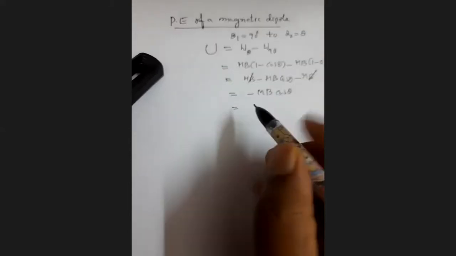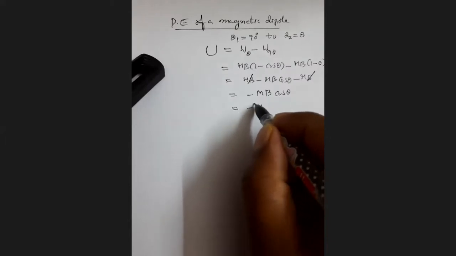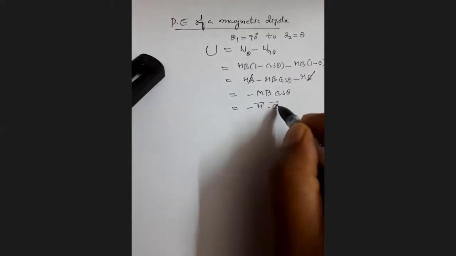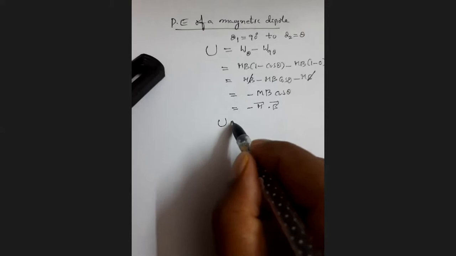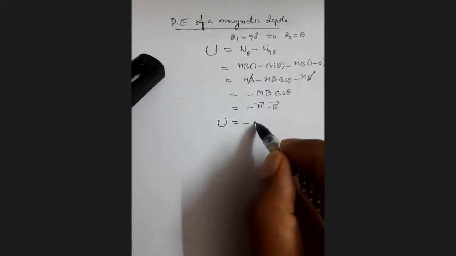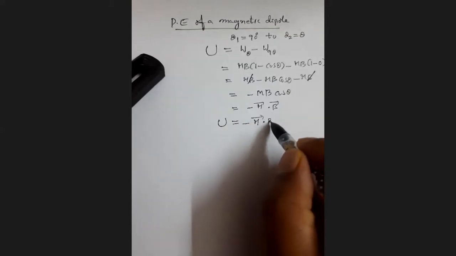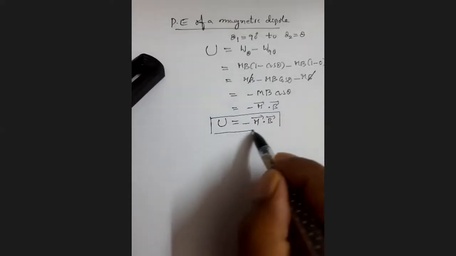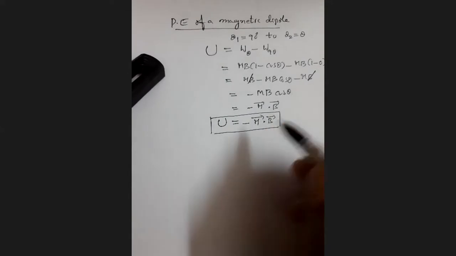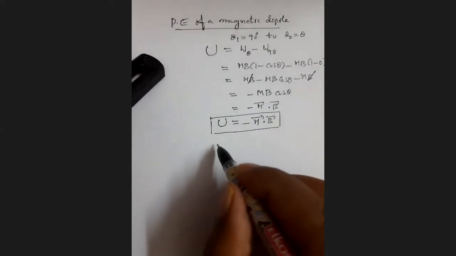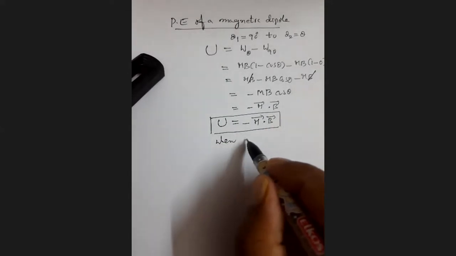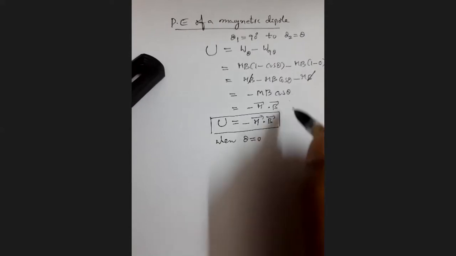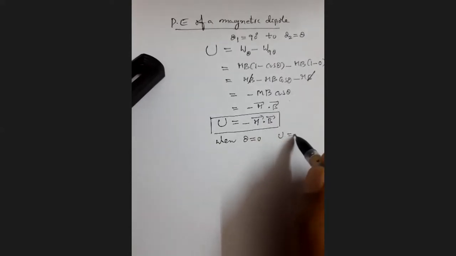You can write it vectorially as minus m bar dot B bar. So the potential energy of a magnetic dipole is the negative of the dot product of the magnetic moment vector and the magnetic induction field strength vector, right? In this, take the case when theta equals 0 degrees, cos 0 is 1, then U equals minus mB.